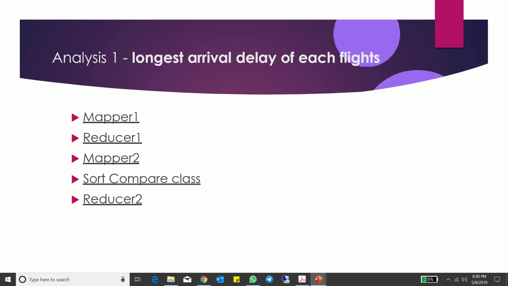The sort compare class is used to sort the input to reducer 2 in descending order of key, that is arrival delay, to find the top most delayed flights using reducer 2. So reducer 2 reduces and prints the first 10 key value pairs to the output file.